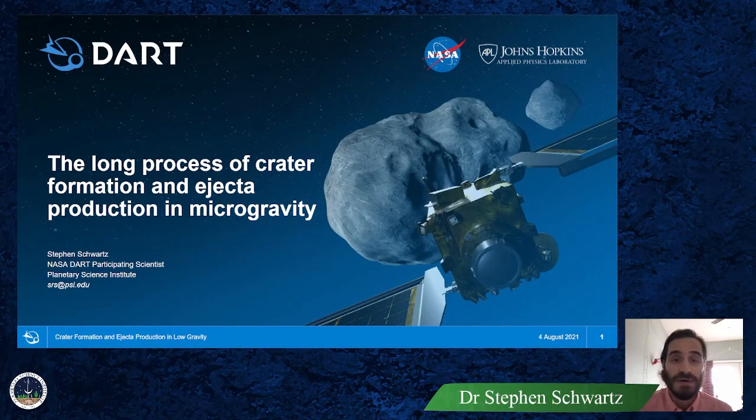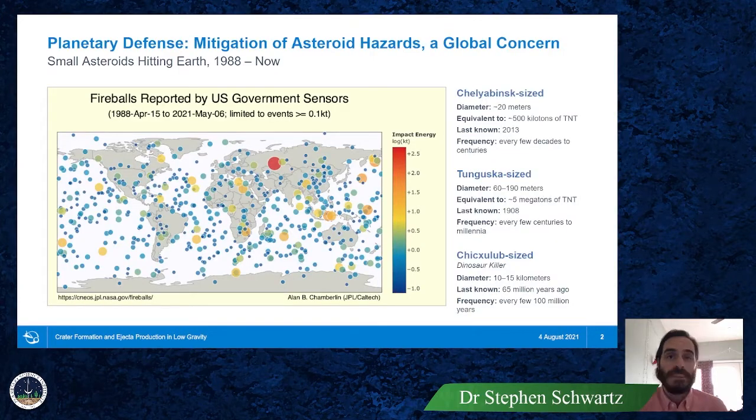Okay, so on this next slide, here's a plot of all objects that have hit the Earth over the past few decades, the past 33 years, since apparently tax filing deadline for 1987.